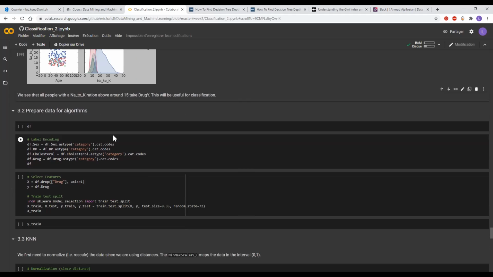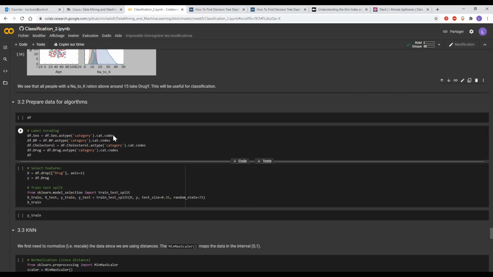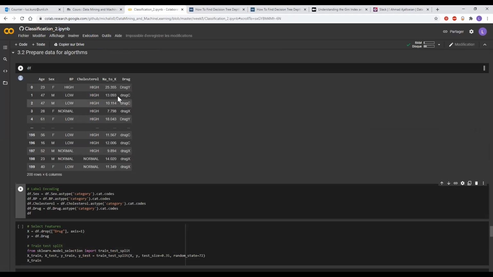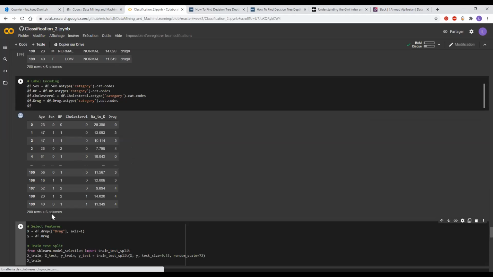Okay, the next step is to prepare the data for the algorithm. We have our data, and we need to encode some of it. We do this here: sex, blood pressure, cholesterol, and drug. This means we use label encoding, and this means we put numbers according to the class.